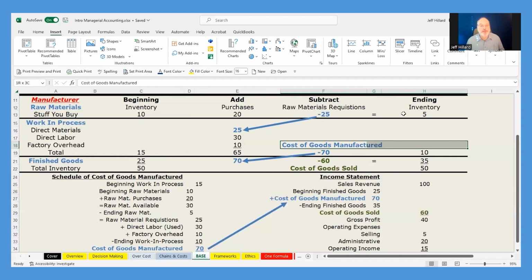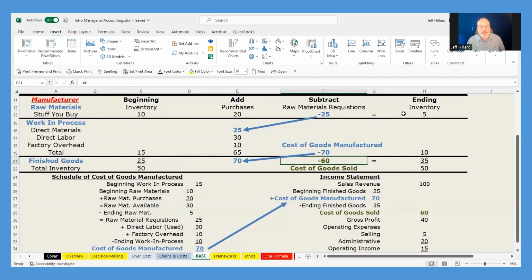Cost of goods manufactured is exactly what it sounds like it is. It's the cost of what we made in the current period and transferred again to another category of inventory, finished goods. So if we have started with $25 worth of frozen pizzas, we transferred $70 worth of frozen pizzas out.